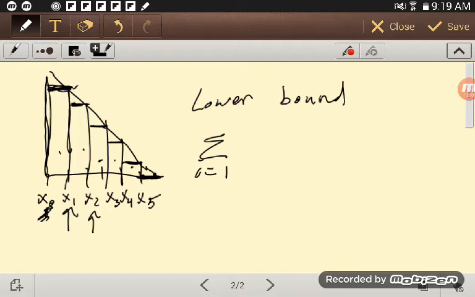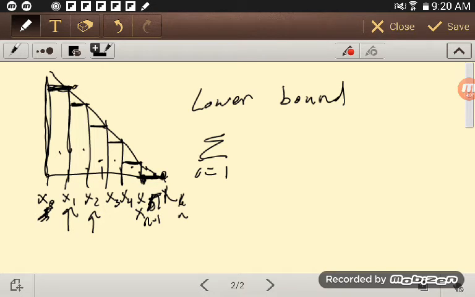So i equals 1. Now I'm going to change this last one. There was an x5, and that endpoint there I could call x6. So I am going to march up here, but I'm going to call that last one n, and this one here n minus 1, x n minus 1.